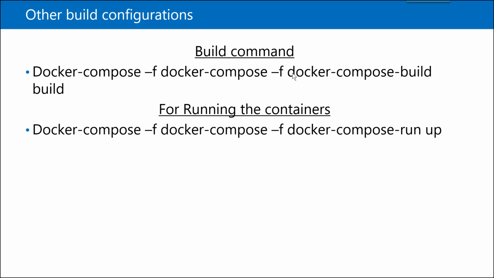Then another part is that in the build process we are using a build configuration, and while running it, we are only going to use the Docker Compose run file. This run file can be customized for different environments. So this is for running the container, and this is for building it, and you can see the build switch is also there. In case of running the container, we will just use Docker Compose up. To stop the container, we will use Docker Compose down.